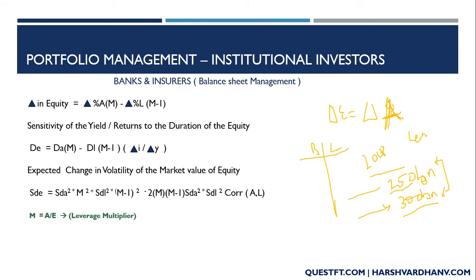But what happened? This 250 billion of assets that they were holding, the mortgage assets that they were holding, went so low that no one was ready to fund them. So the value of the mortgages they were holding, or the bonds, or the CDSs that they were holding, were so low that no one came to fund them.